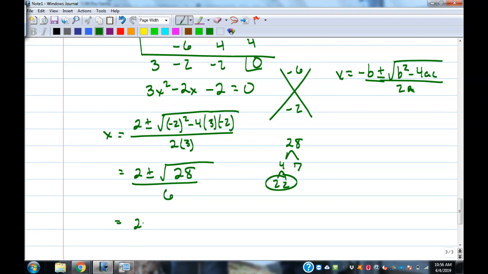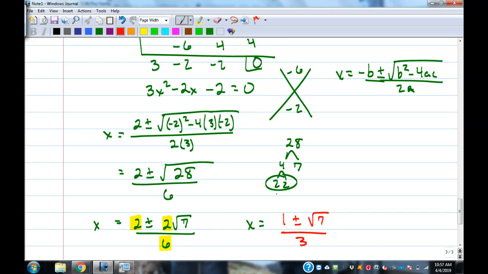So it's going to be 2 plus or minus 2 radical 7 over 6. And that will simplify, because all 3 of these numbers on the outside are divisible by what? 2. I can simplify that to be 1 plus or minus radical 7 over 3.